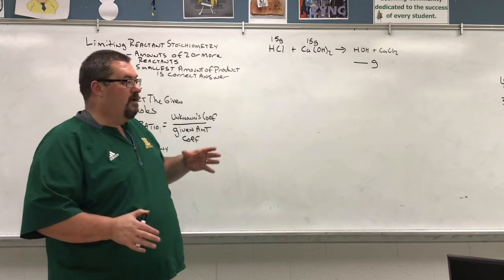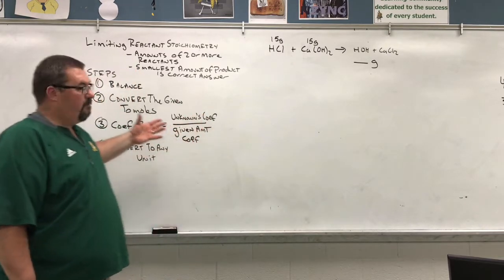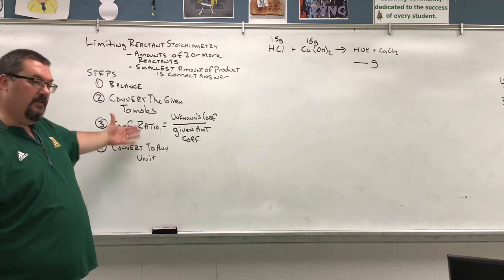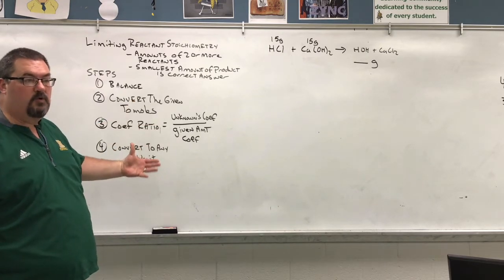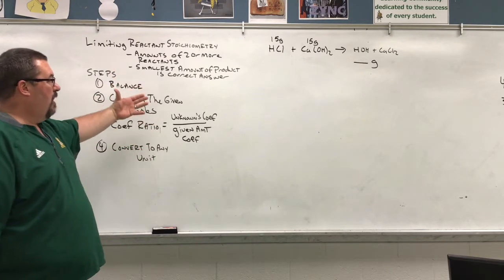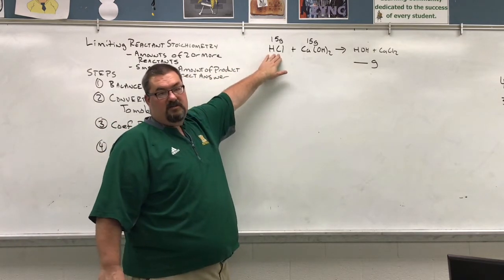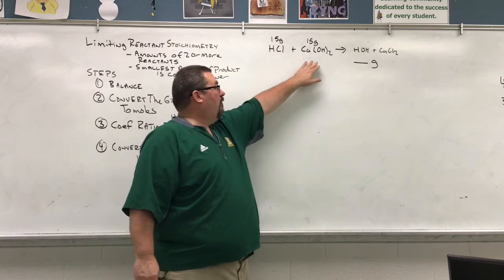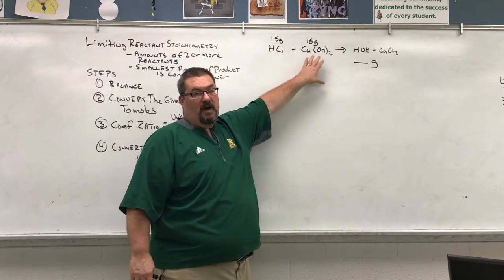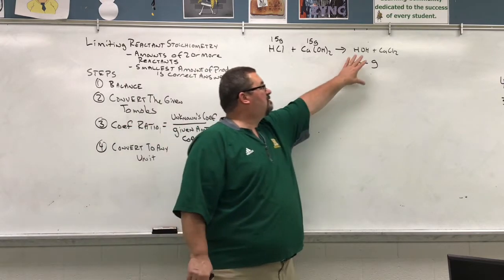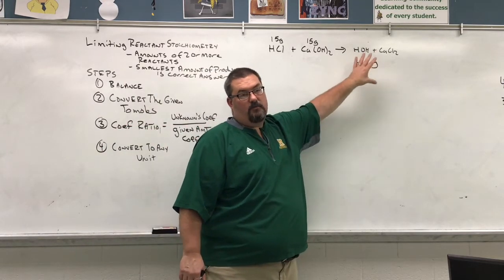So we can simply follow the exact same steps that we did before, but this time we'll do the problem twice. We'll do the problem once using hydrochloric acid's mass, and then again using calcium hydroxide's mass, and figure out which one gives us the smallest amount of either product.